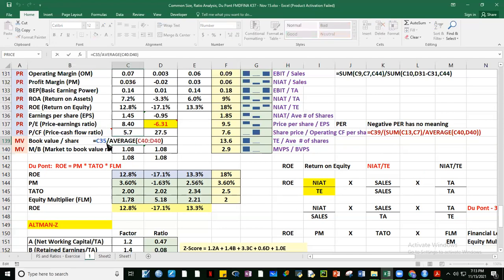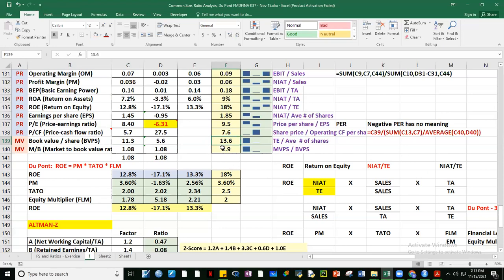C35 is your total equity. Then, average na naman ng number of shares natin. Okay? So that's simply the book value per share. No? Okay, so kinapi lang natin tong formula natin to the right. Okay, so ibig sabihin nito guys, mas mataas yung BVPS book value per share ng direct competitor natin.